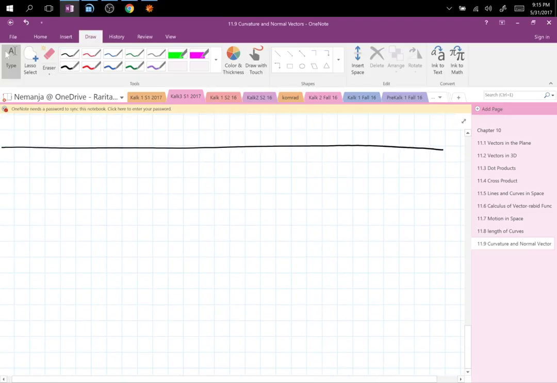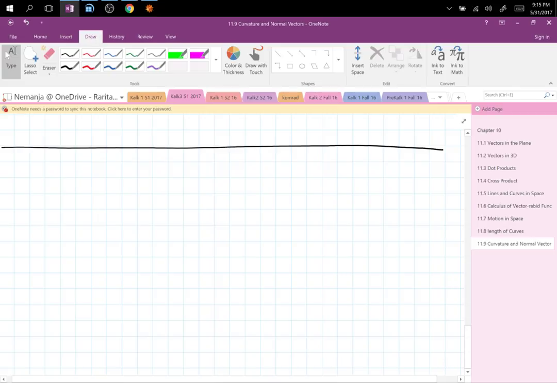But now we want to try this and find the curvature of something else. So let's see. How about a 2D curve?